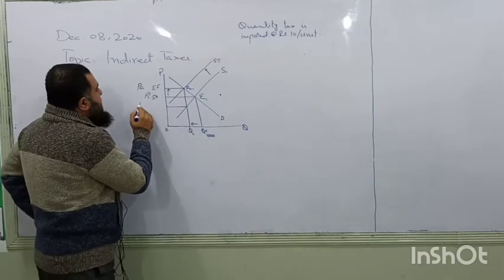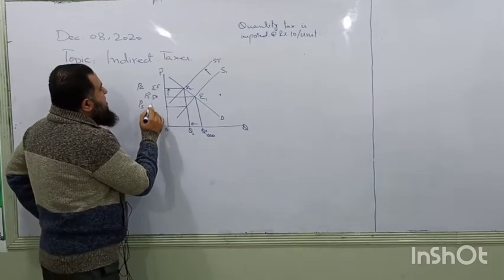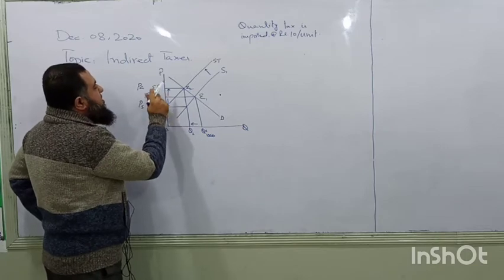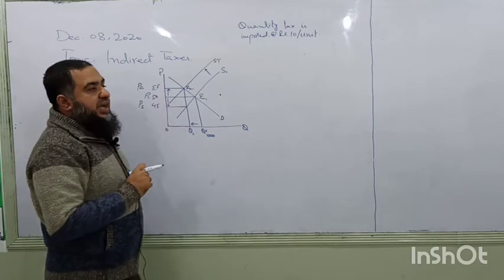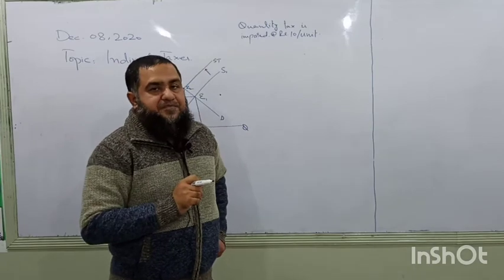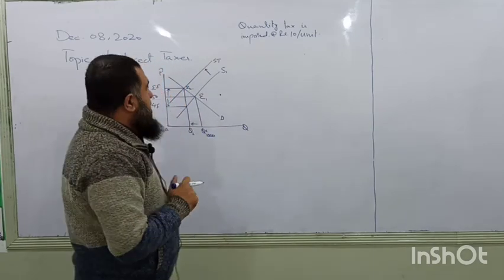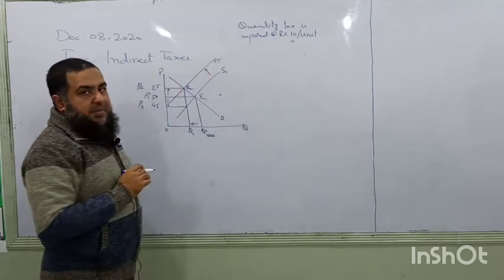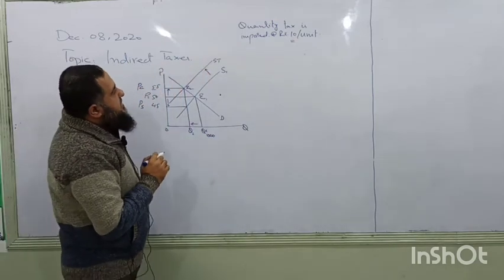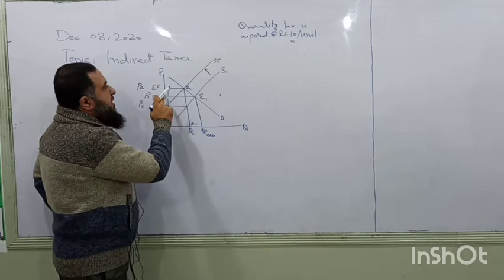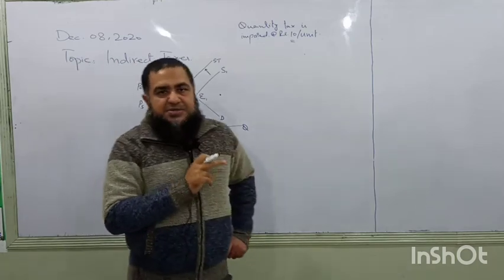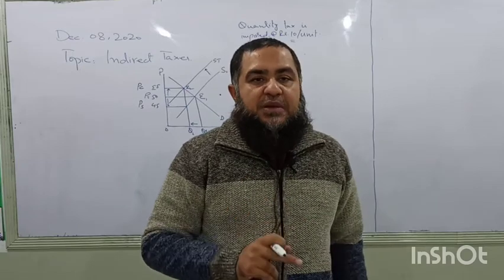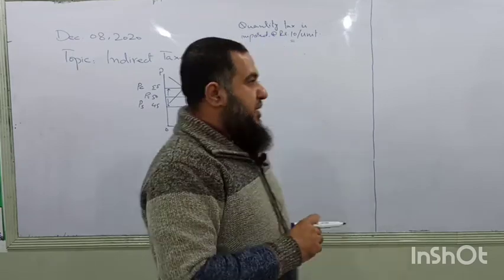This is the seller price, which is now 45, because after paying tax out of this 55, he is left with 45 rupees. So the tax amount was 10 rupees imposed by the government. Out of these 10 rupees, 5 rupees burden was shifted onto the consumers, whereas the rest of the 5 rupees will be borne by the sellers.